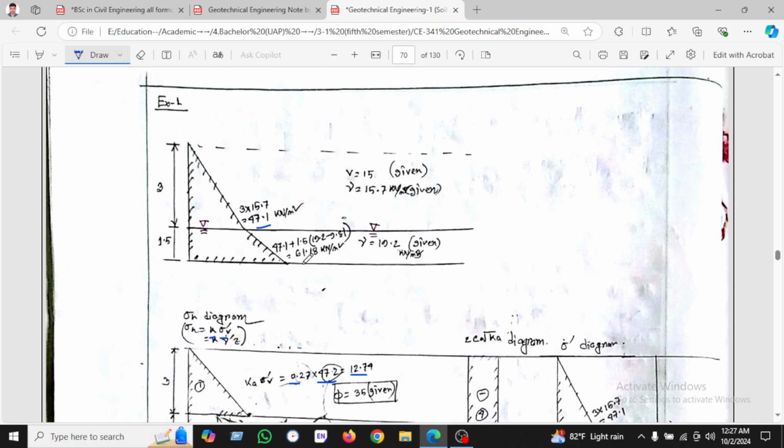Then the third one we can see 0.17 from this angle and 61.8. How will we get 61? At first we will calculate this diagram, which is called sigma vertical. So sigma vertical is 3 into the unit weight of soil, and found 47, and 47 plus 1.5 into 19 minus 9.81, because the water pressure is given.